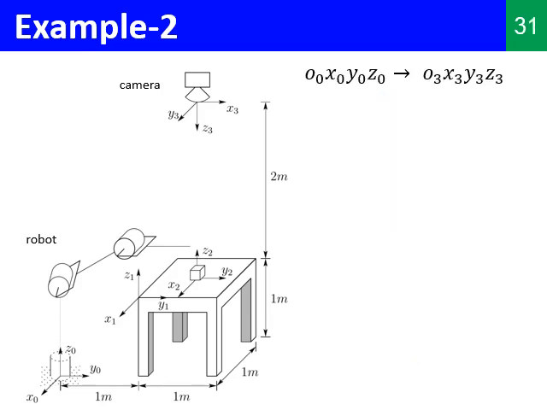Next we have to find the H matrix between frame 0, which is here, and frame 3, which is at the camera.